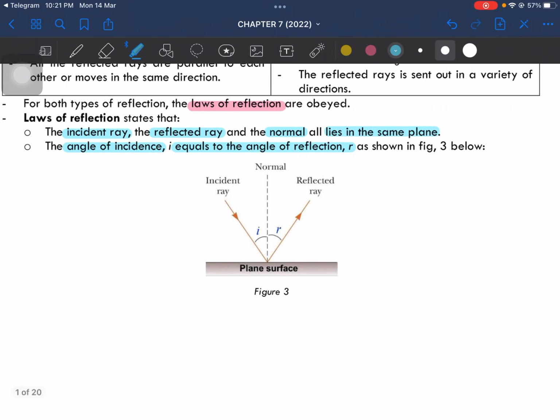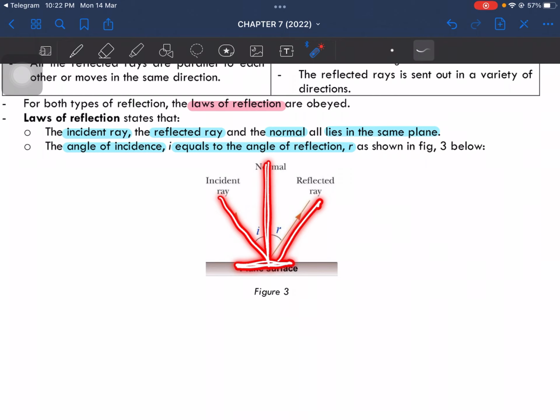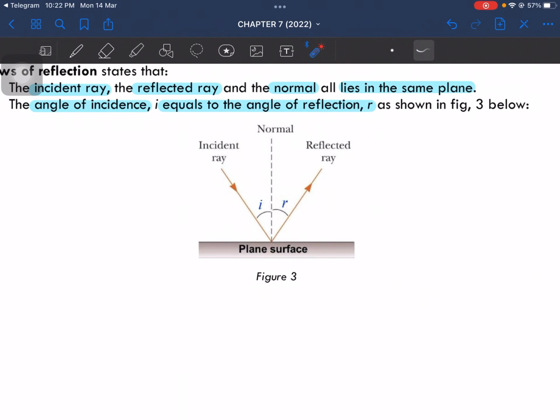So this is the incident ray, this is the reflected ray, and this is the normal, so they lie on the same plane. The next part states that the angle of incidence is equal to the angle of reflection.